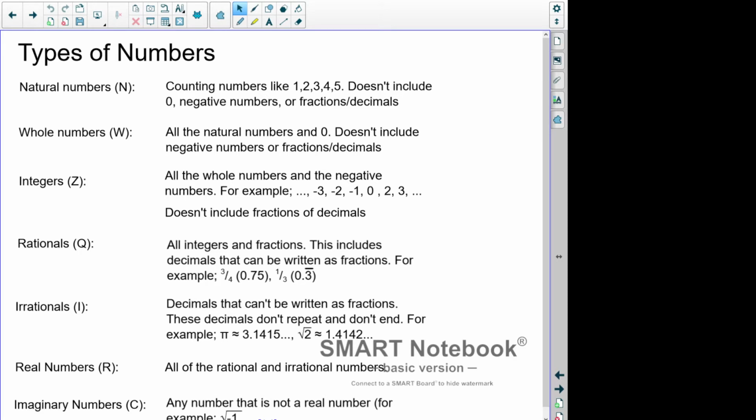All right. And then after the whole numbers, we talk about the integers. The integers include the negative counting numbers as well. Again, that concept of a negative number was fairly new in the mathematical world.